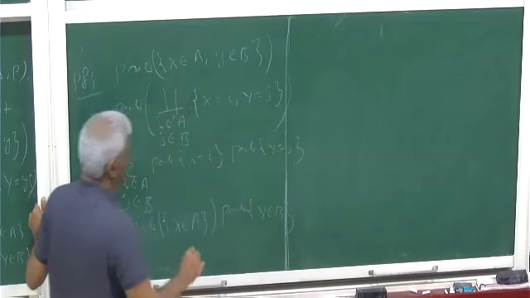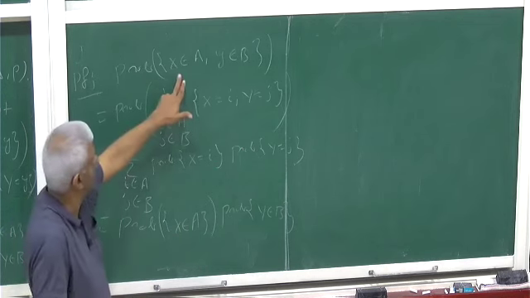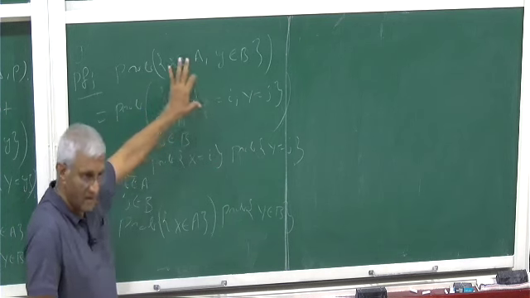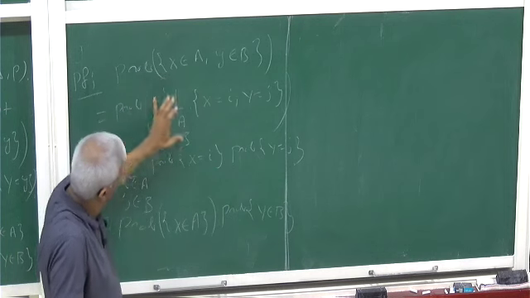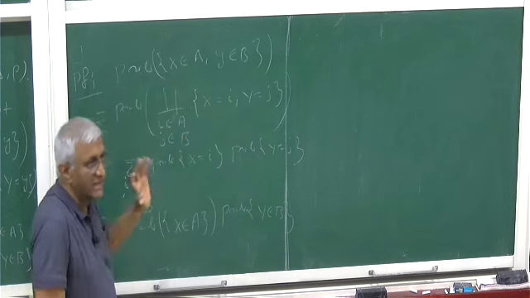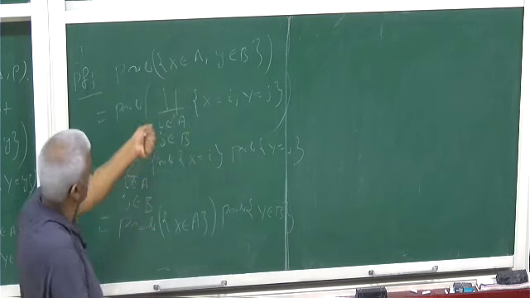Let me explain now. The claim is that the probability of X in A, Y in B is just the product of the probability of X in A and the probability of Y in B. You assume the set is countable. If it is uncountable, it will only be a countable union, because we don't care about points where the probability is 0.